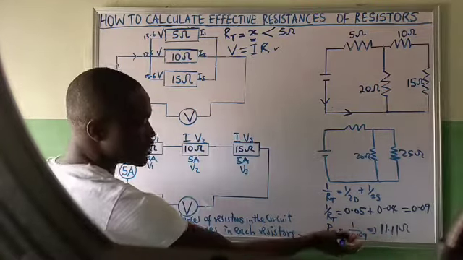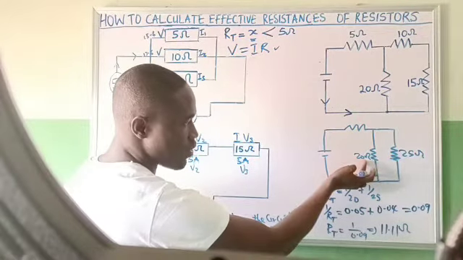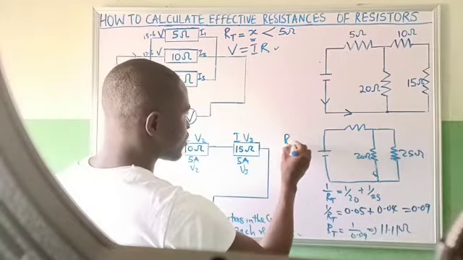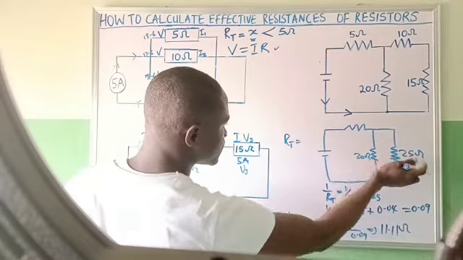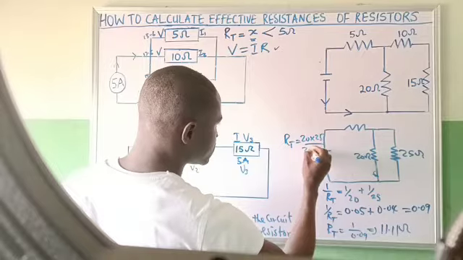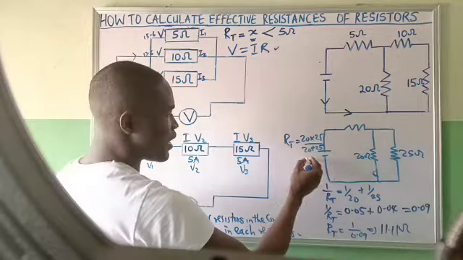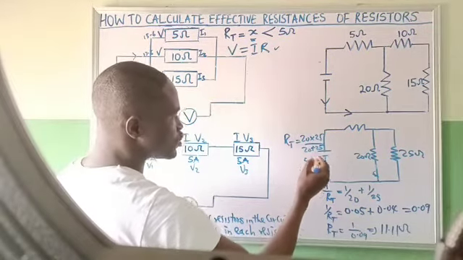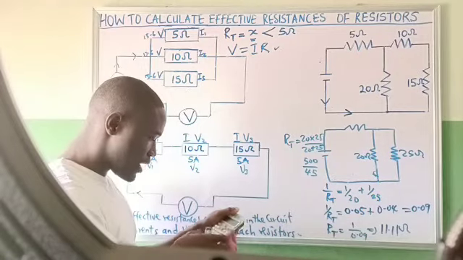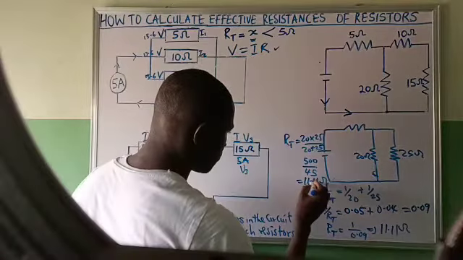That is the total. You can see that this is less than the least resistor we have here, 20 ohms. Another way to do it is to say RT will be, for 2 resistors, 20 times 25 over 20 plus 25. 20 times 25 is 500, and 20 plus 25 is 45. So 500 divided by 45 is 11.11 ohms.